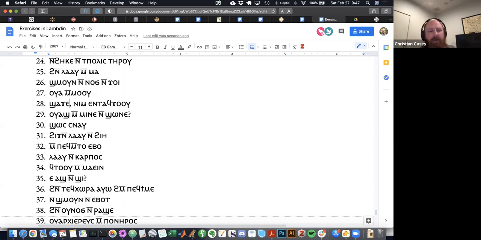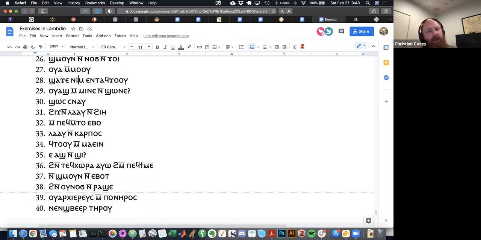Like, who said these? So you actually can make this the word who and make it into a sensible Coptic sentence, but clearly not what Lambden intended. Once you translated it that way and I read the word Nim as the word who, I found a way to make it work, and it actually does, but just not that well.